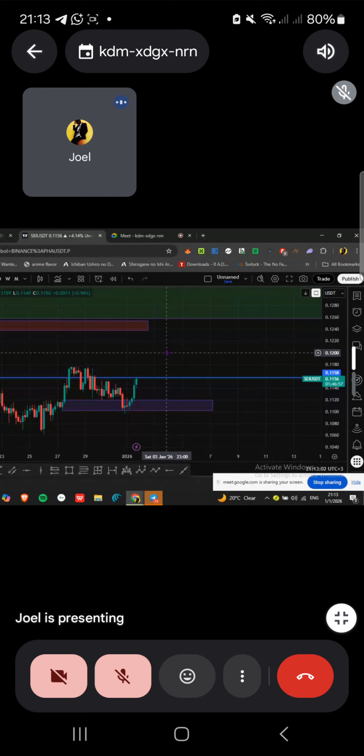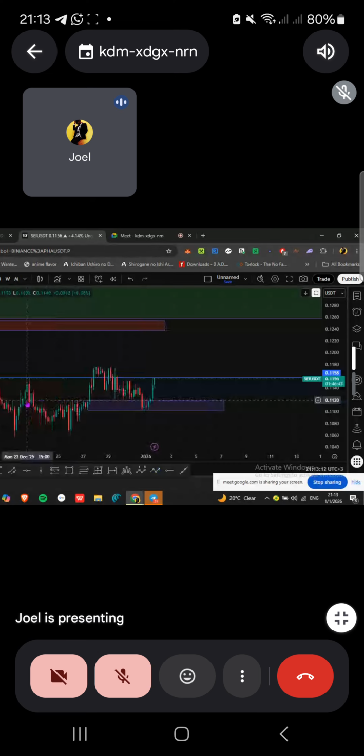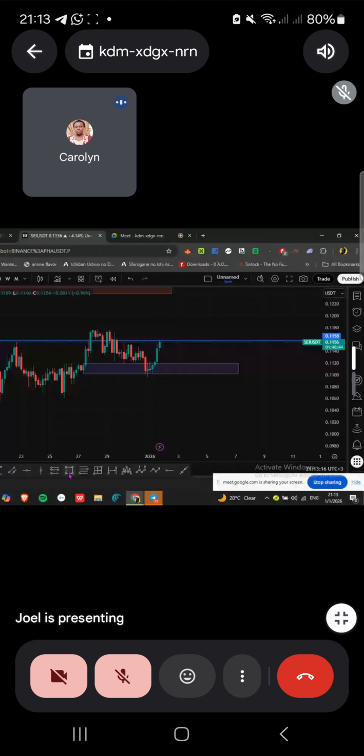The zones. One way to identify the zones is when price pushes upwards aggressively. That can be your zone. Another area is where there are multiple wicks. Where there are multiple wicks can be your zone here. Like I did this. I'm just following the wicks.